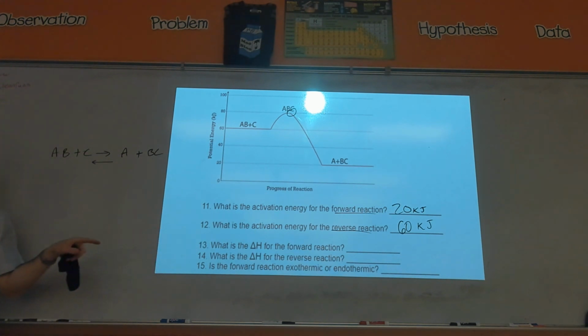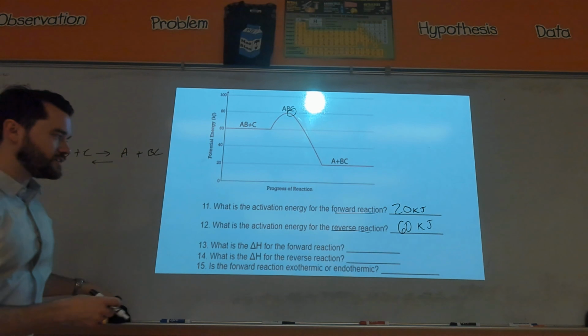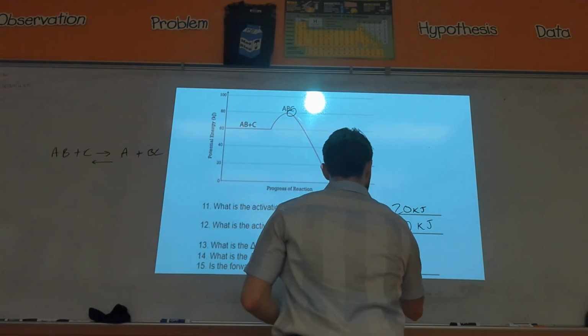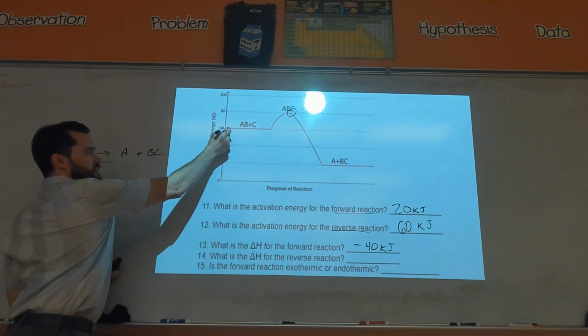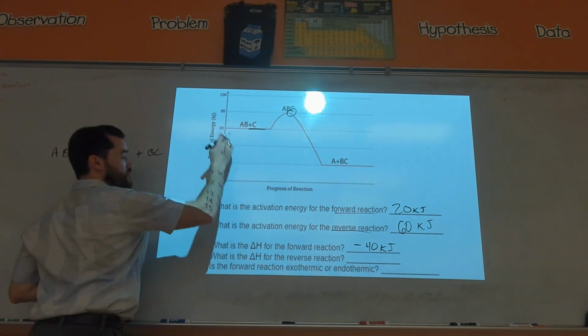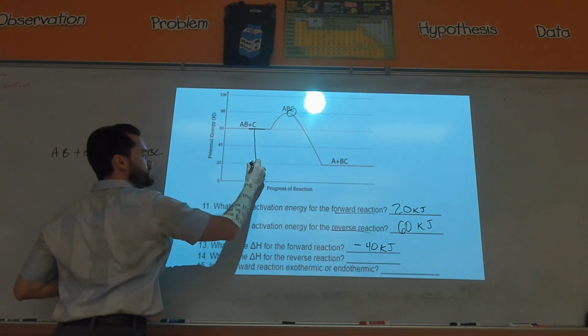All right, then. So what is the delta H of the forward reaction? So forward reaction is just going left to right. Negative 40. Yeah, good. Negative 40 kilojoules. So how Nora found that is you're starting here at 60, and then you're going down to 20.